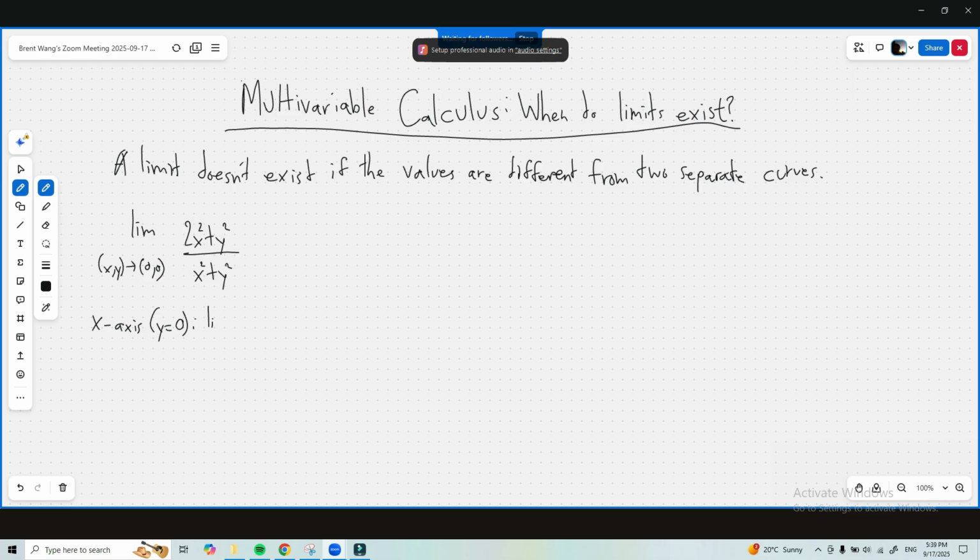Then you'd have the limit as x goes to 0 of 2x squared over x squared, which is equal to 2. Now let's try along the y-axis, when x is equal to 0. So the limit as y goes to 0 of y squared over y squared. That's just 1. And these two values are different, so the limit does not exist.